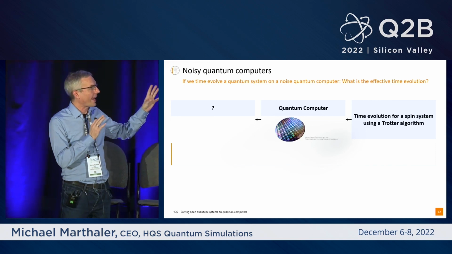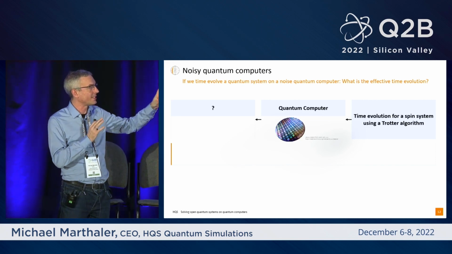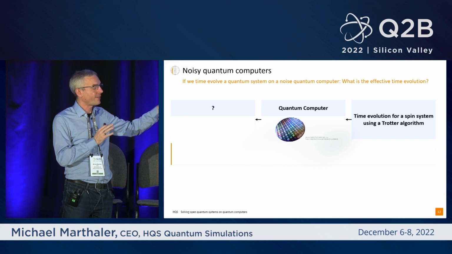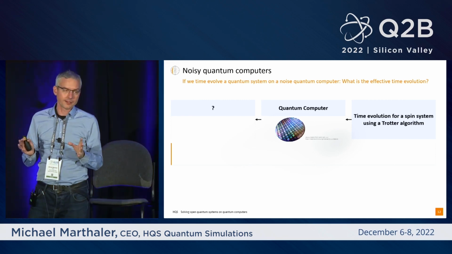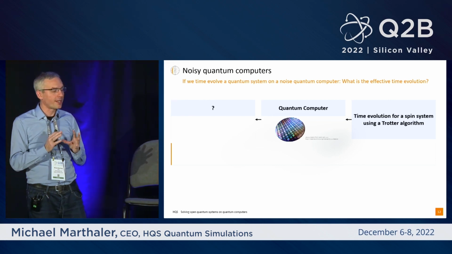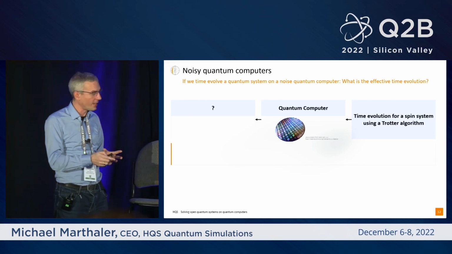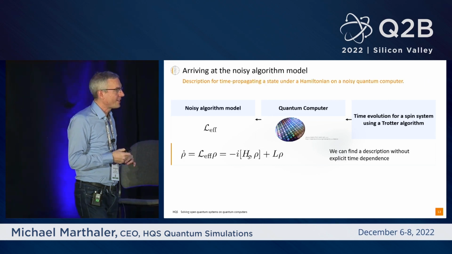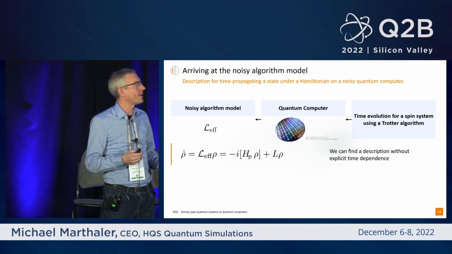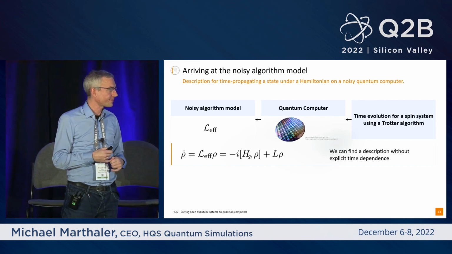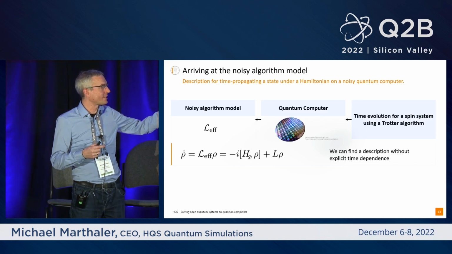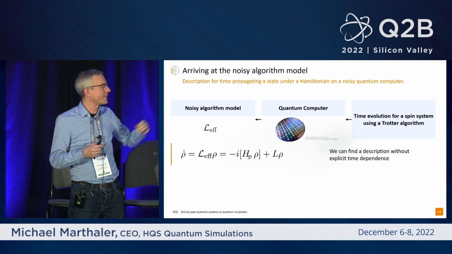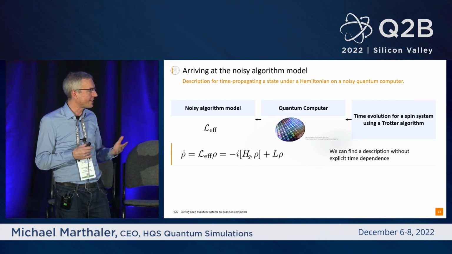And now, given that the quantum computer is noisy, we want to have a certain simplified description of the whole thing that tells us what the noisy quantum computer is really doing. And we derived this in the form of what we call the noisy algorithm model, where the algorithm which you use is a Trotter algorithm for time evolving under Hamiltonian HS.